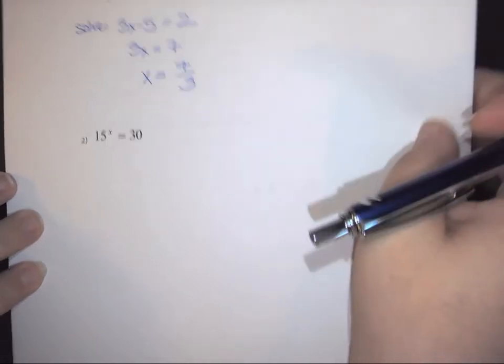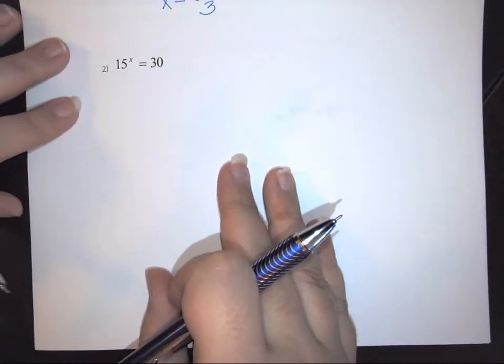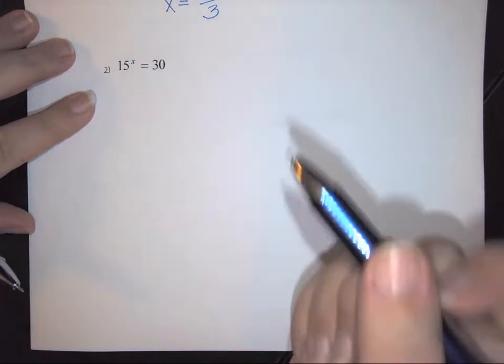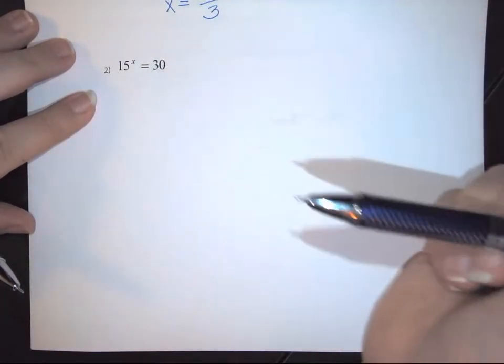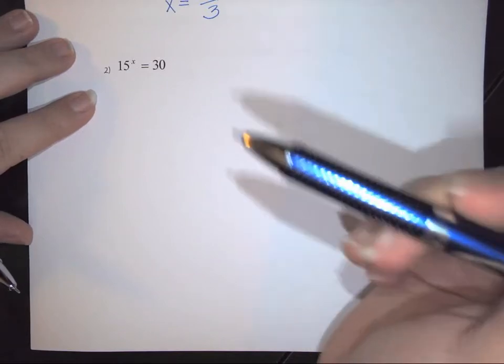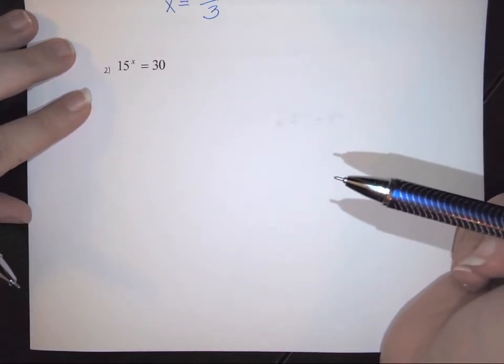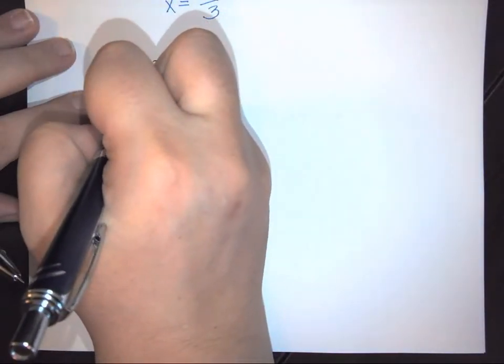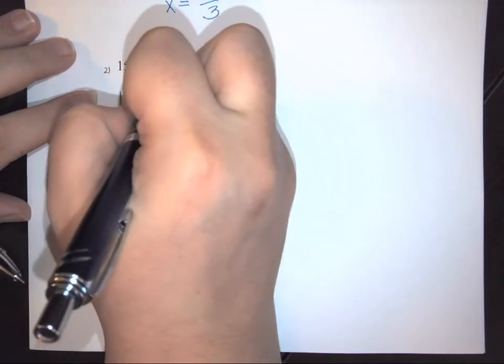So now we have 15 to the x is equal to 30. So again, you want to ask yourself, is it possible to rewrite 30 into 15 to something? Well, in this case, it's not. So here, we have to take the log of both sides.